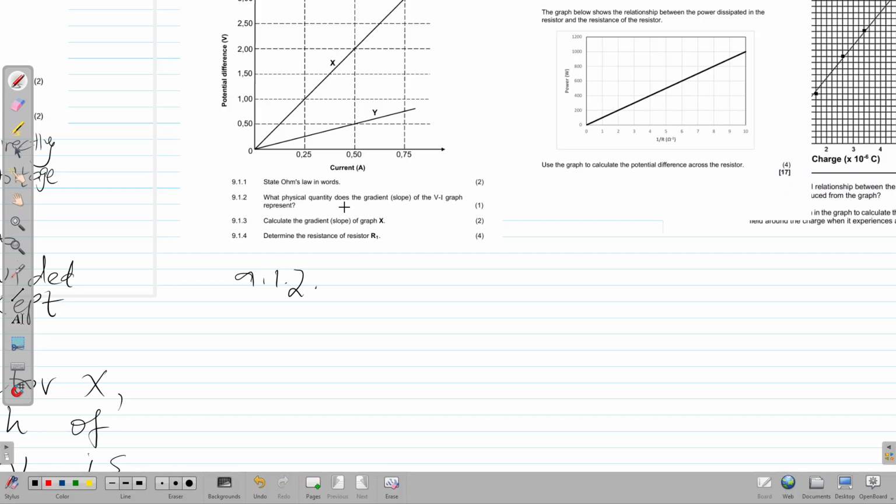To answer this kind of question, you say that the gradient is the change of the variable on the y-axis, which in this case is potential difference, divided by the change of the variable on the x-axis, which in this case is current. Then you look at which quantity divided by which quantity represents what. So the quantity V divided by the quantity I represents resistance. So for 9.1.2, the gradient represents resistance R.